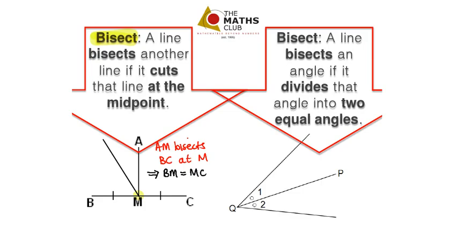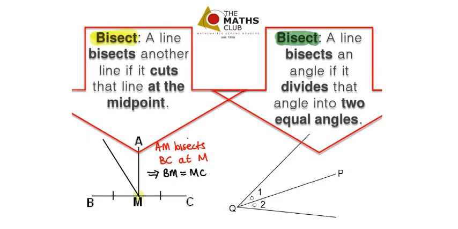The second part is the issue of bisecting an angle. We say that a line bisects an angle if it divides that angle into two equal angles. And you can see here we've got two angles.